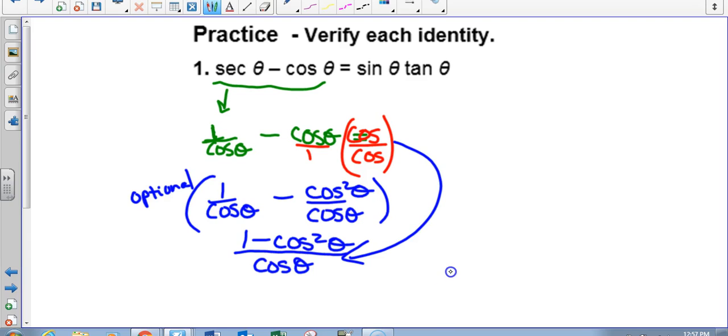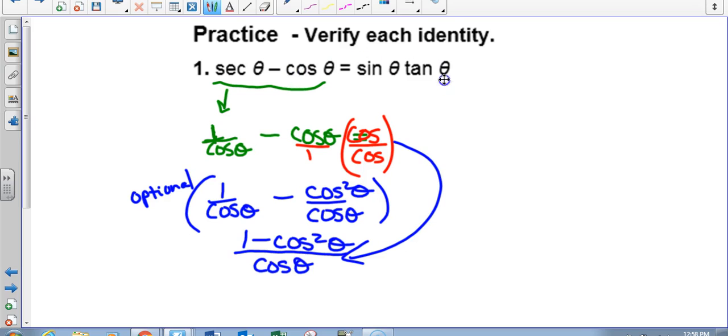Right, then what? Why? Okay, we can't randomly multiply by just a cosine. We could multiply by this because it was equivalent to 1.